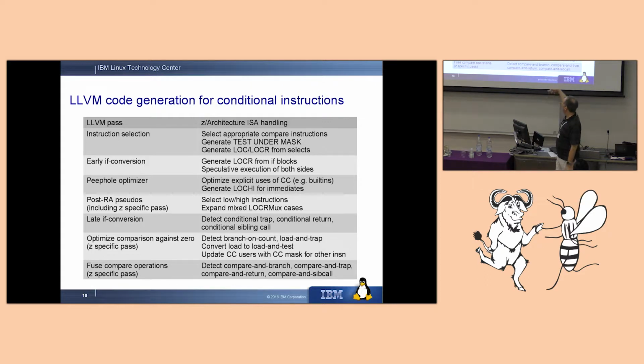So what we're doing is we leave it as separate compares early on and have the register allocator choose whether a low register is available or a high register needs to be used. If it chooses a low register, then later on, in a very late pass, we combine the compare and branch into one instruction. But if a high register was used, we'll leave it as two.